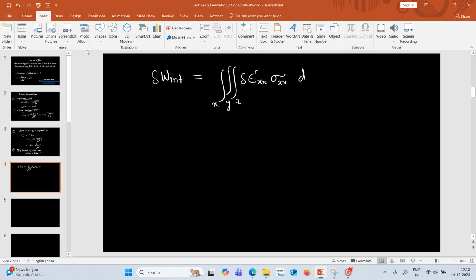We assumed the width of the beam along the y direction is very thin, so with constant width b, integrating over y gives b outside. That is a constant value. Now we work with the x and z functions.